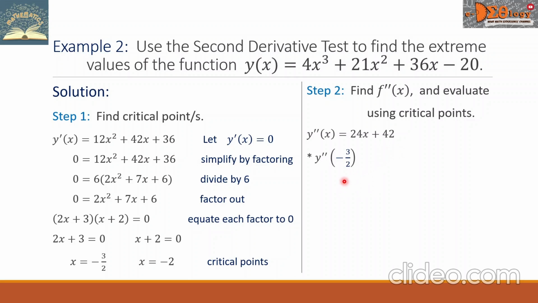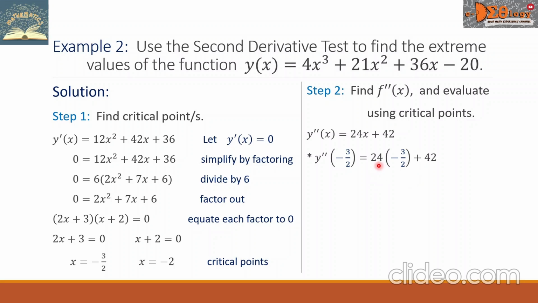Now, let us evaluate the second derivative using the first critical point, the -3/2. So we substitute this value to the x. So it becomes 24 times -3/2, then plus 42.